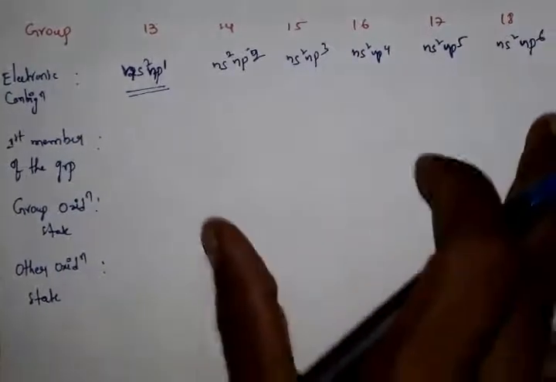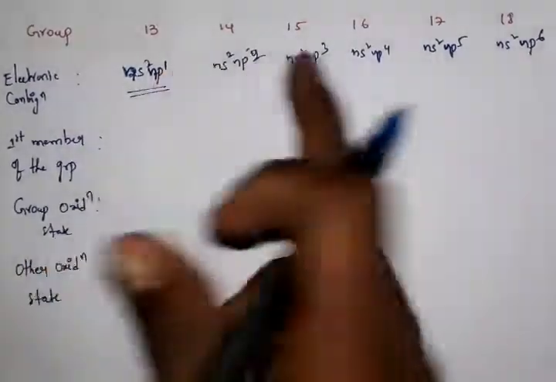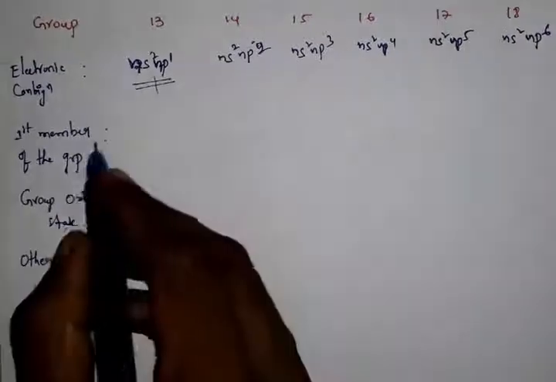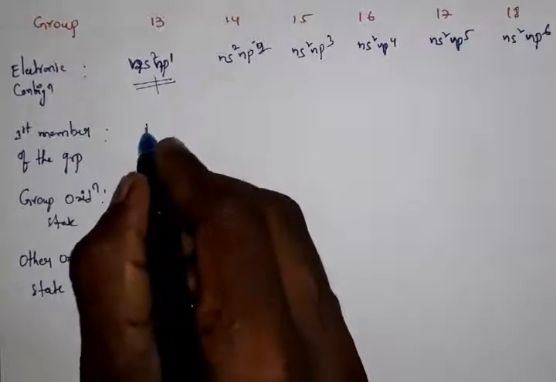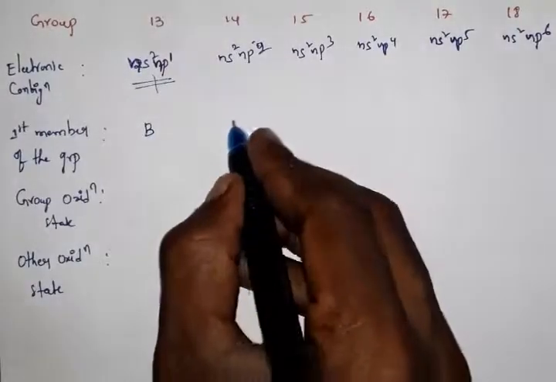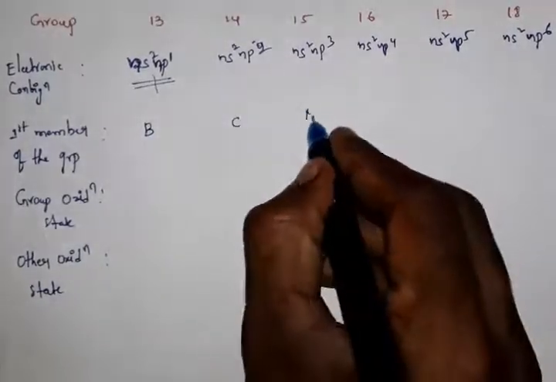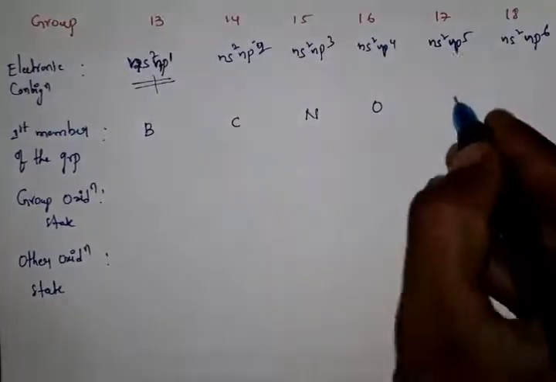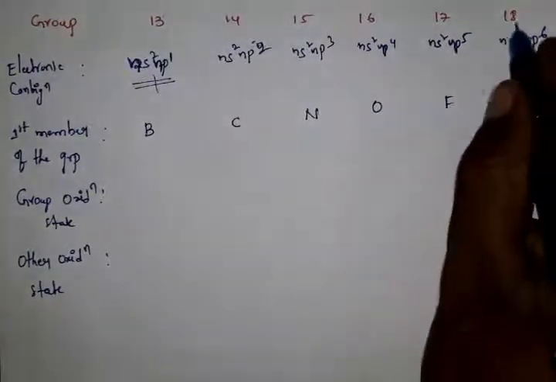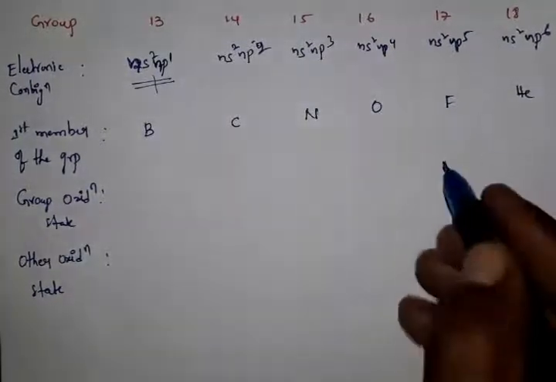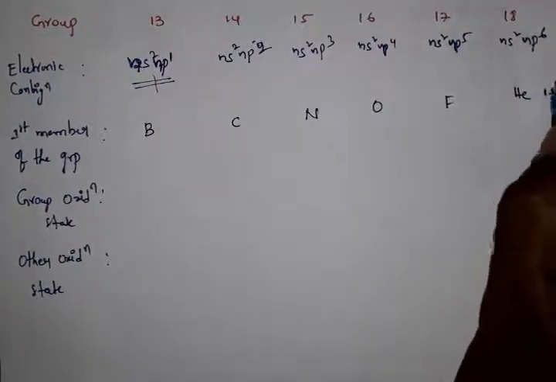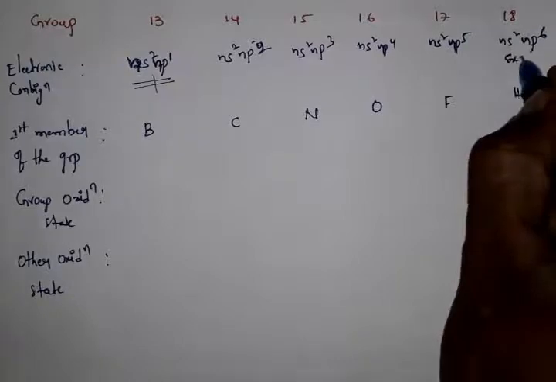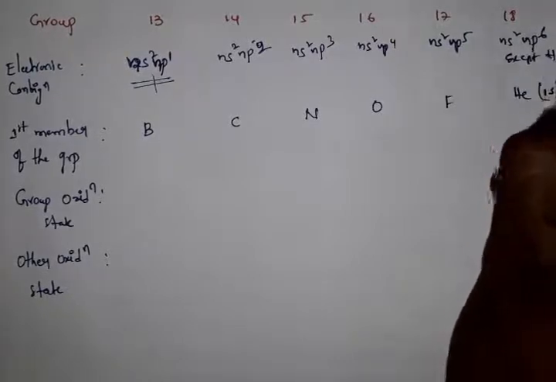This is the valence electron configuration of the 13th to 18th groups. The first member of the 13th group is boron, 14th carbon, 15th nitrogen, 16th oxygen, 17th fluorine, 18th helium. Helium's electron configuration is 1s2, the exception here.